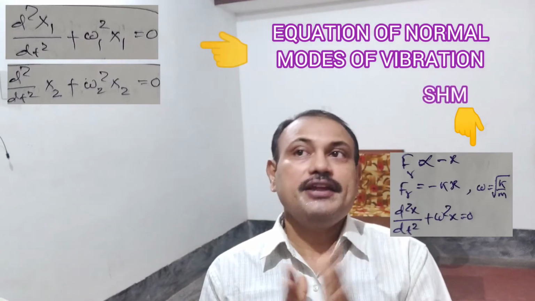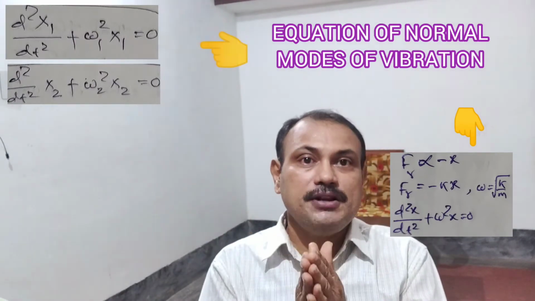To remind you, the oscillations of coupled systems are not always normal modes in nature. That means it is not essential that the coupled oscillations will always vibrate in a harmonic manner. But whenever it can be expressed in a harmonic formulation like the cases we have shown here, that is the case of normal mode vibrations.